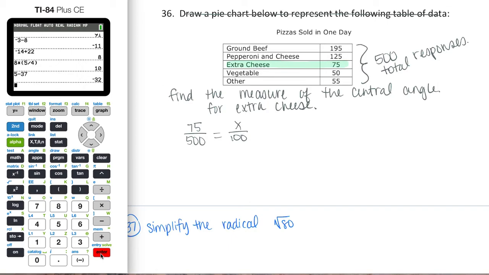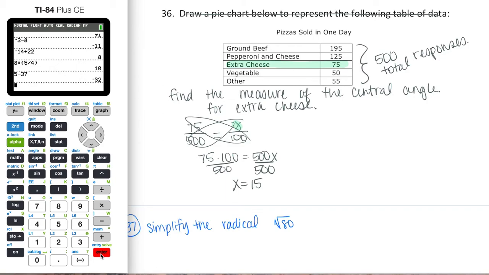Our percent here is unknown, so we're going to cross multiply. 75 times 100 equals 500x. And when we divide by 500, we're going to get x to be 15. So that means 15% of people responded they want extra cheese.